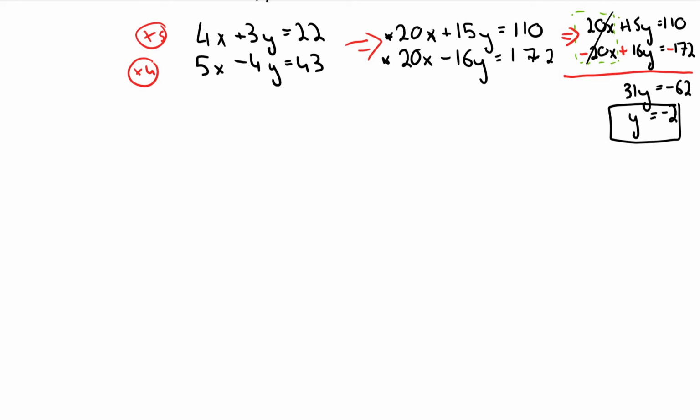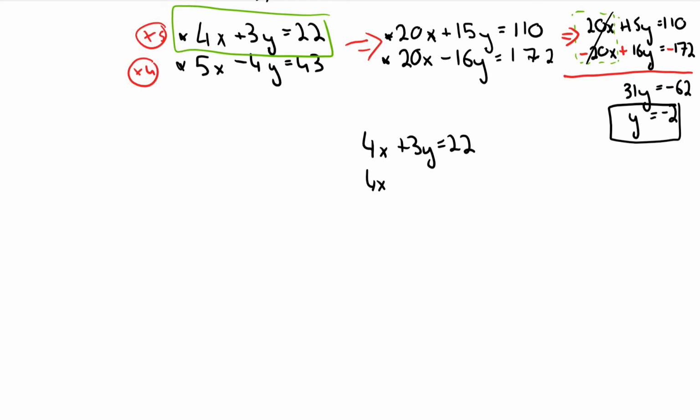Take one of these equations, whichever I want. I will take this one. Again, it'll work on any of the equations. So 4x plus 3y equals 22. But I know what y is this time, so instead of putting in y, I put in minus 2.